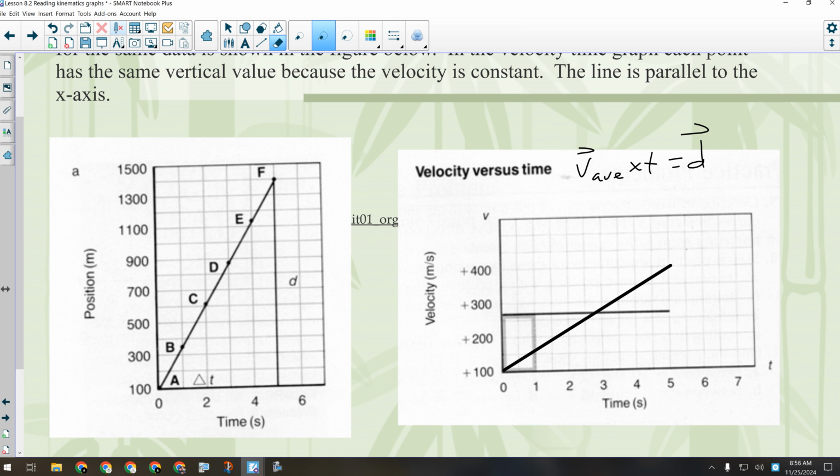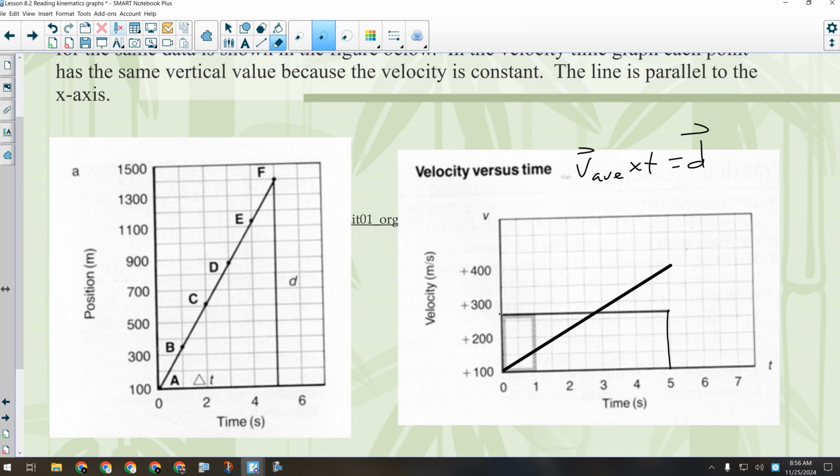Okay, I'm going to show you a little trick to help you here. When I calculated the displacement for the horizontal line, I took the average velocity, which was 260, and I multiplied it by 5 seconds. If that's a rectangle, what did I calculate about it? I went length times width.